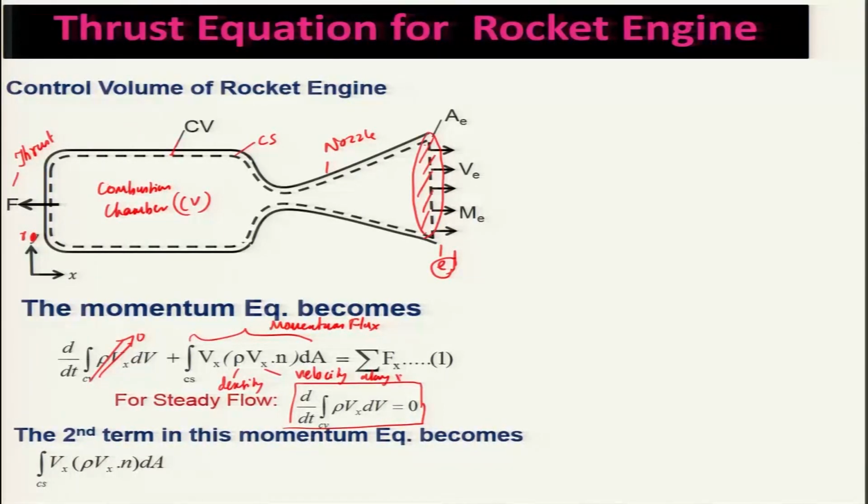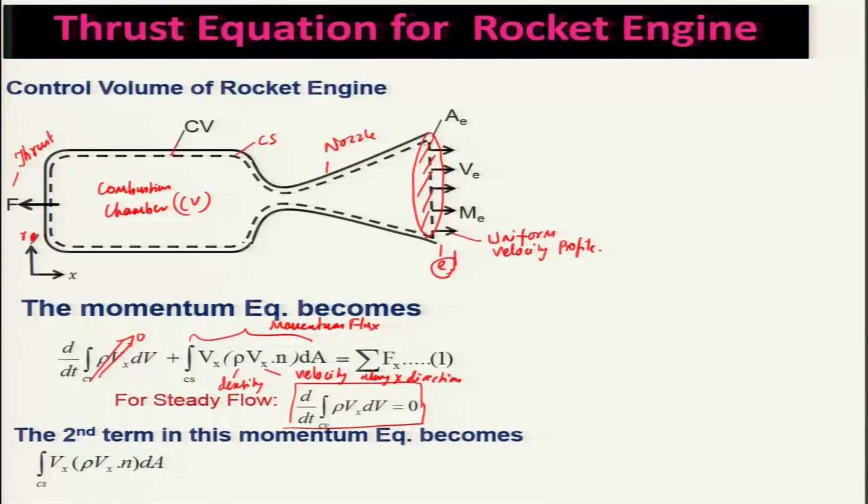Only through the exit of the nozzle is the gas going out with the velocity V e. Keep in mind, we are considering the x direction, and as we have already assumed, this is a uniform velocity profile.